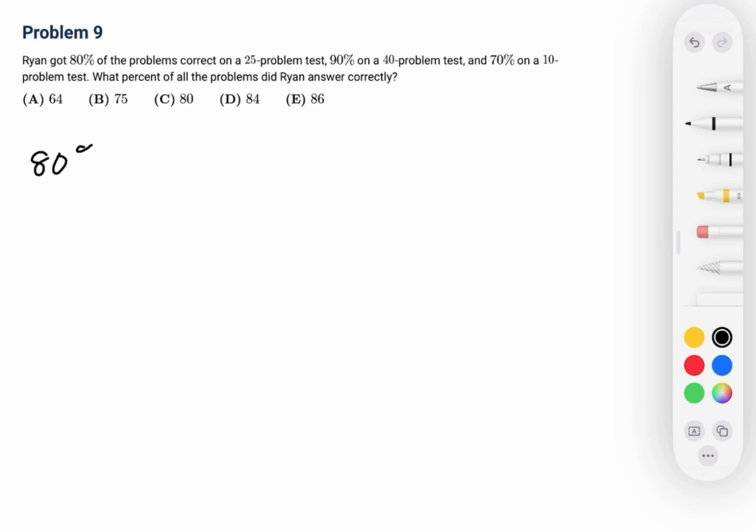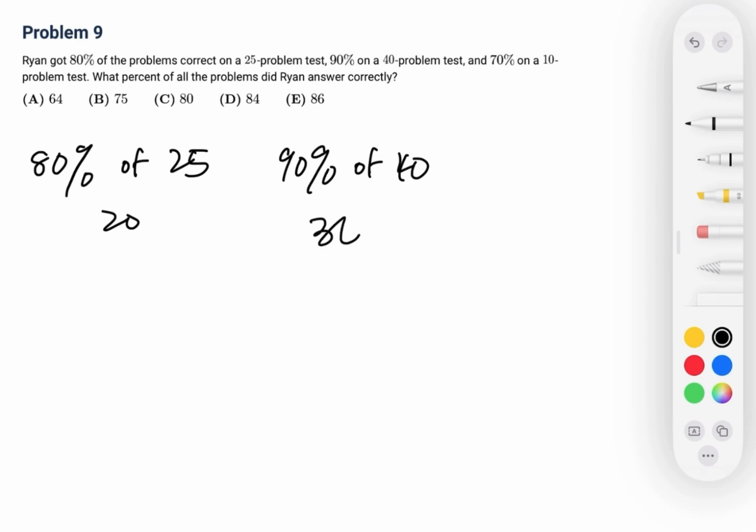He got 80% of 25, which is 20. He got 90% of 40, which is 36. And then he got 70% of 10, which equals 7. Adding these 3 numbers up, he got a total of 63 problems correct.